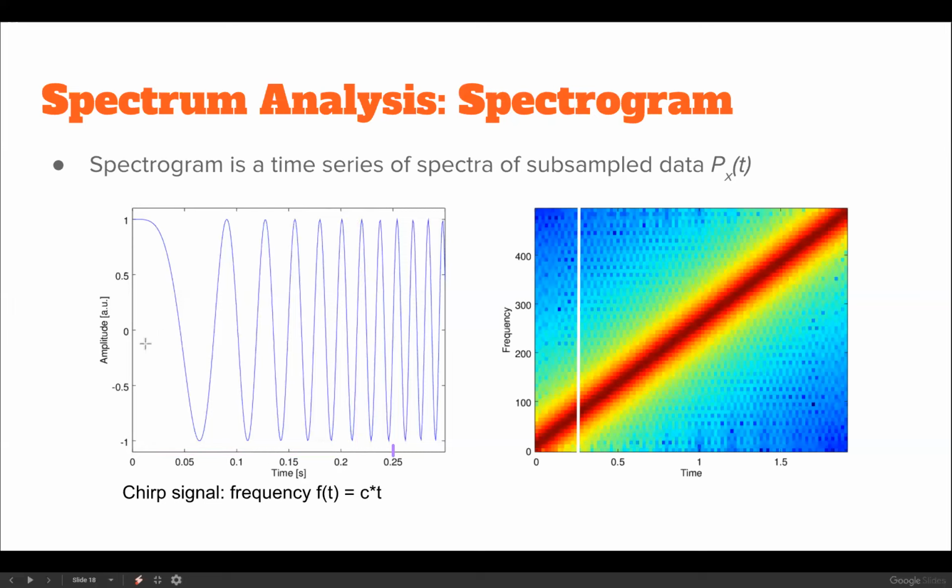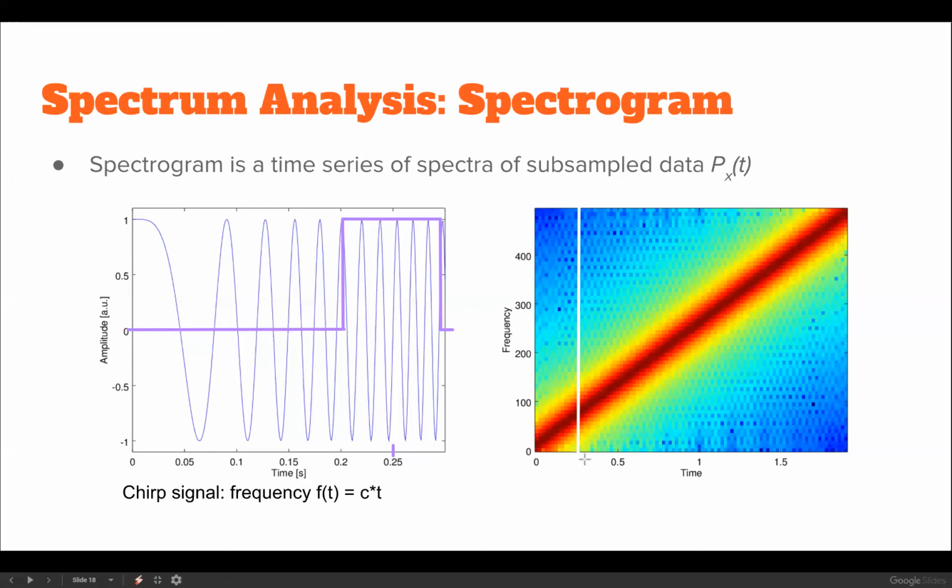Sorry. 0 is here. Say somewhere in here, up to 1. Same way here. Okay, that's the sampling window to calculate the spectrum, which I just removed with that white line.